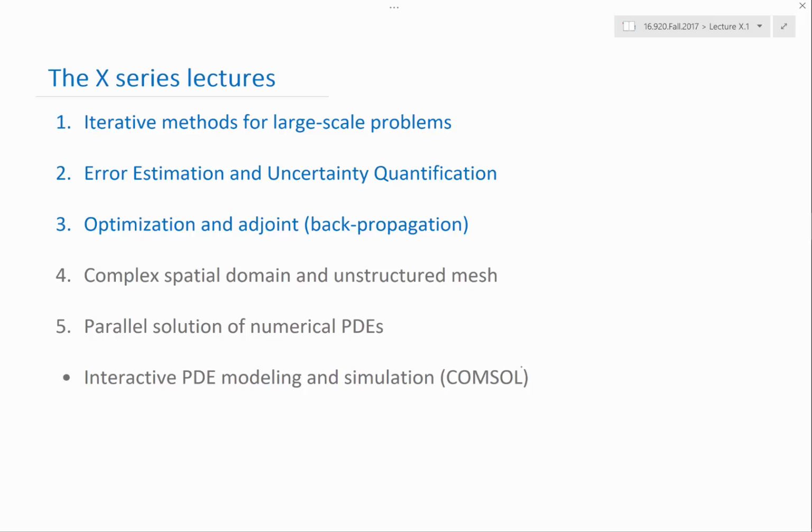And third, we are going to be talking about optimization. Sometimes we solve a PDE just for the result of it. A lot of times that's the case in scientific applications. And there are also many cases where we want to solve a PDE not just for this specific problem, but to design the problem itself. If we want to design an airplane, we actually don't have a geometry to start with.